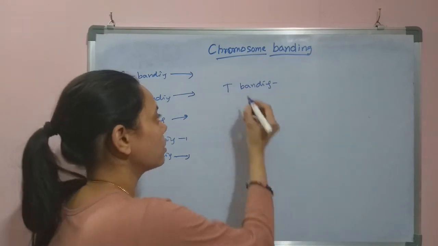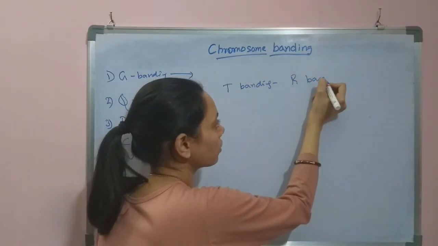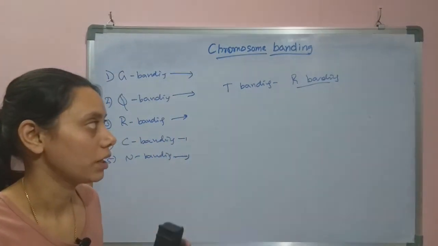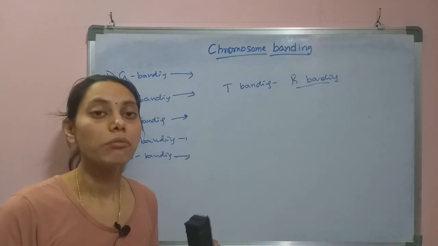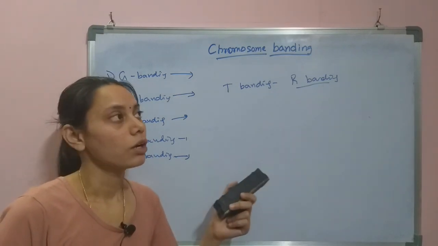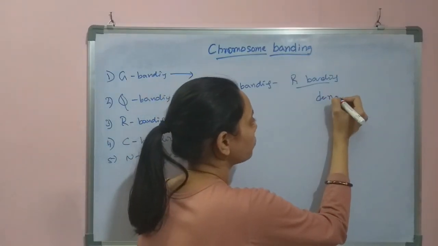During the reverse banding or R banding technique, if the treatment is much more harsh, that means in reverse banding basically we go for denaturation of the chromosome.